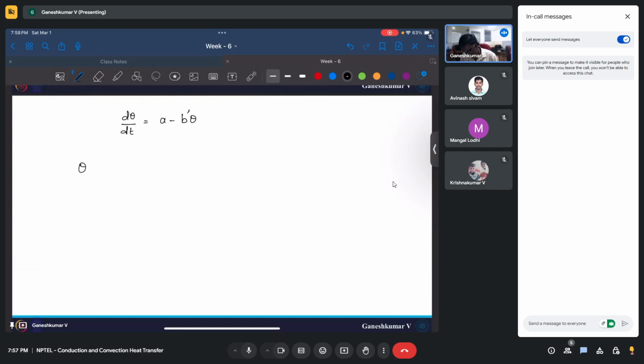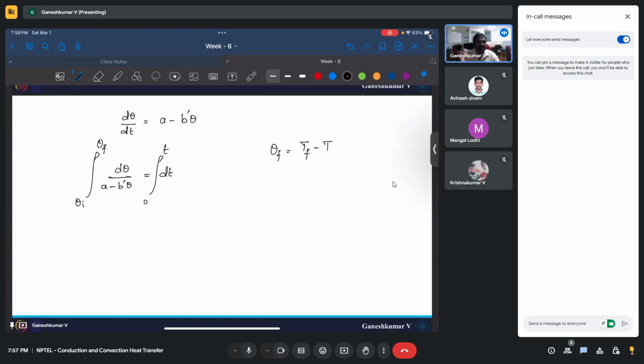So we are differentiating it, right? So d theta divided by A minus B dash theta equals dt. We are going to use a definite integral, from theta i to theta f. Here theta f is T desired, so f doesn't mean final.